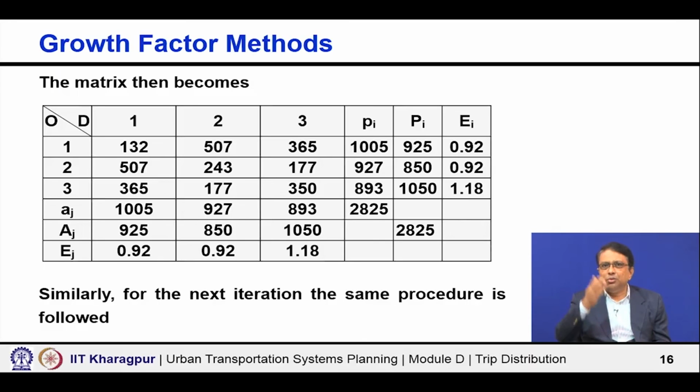So, obviously, now what you got as 0.92, 0.92 and 1.18, if you go to the next iteration, you find each of these values will move maybe closer to 1. They may not be exactly 1, but as you go for more and more iterations, it will move towards 1, and then depending on what is acceptable for you, decide an error limit.